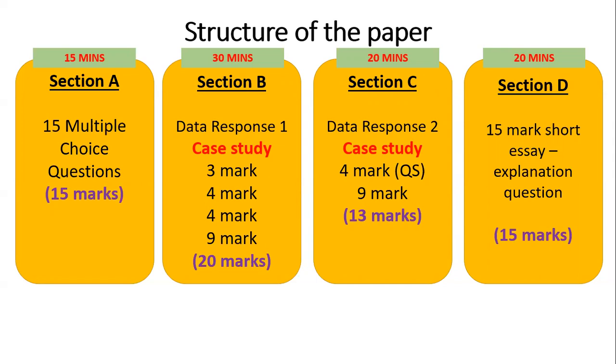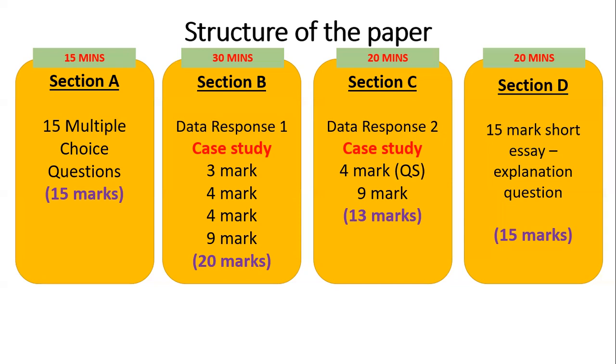So section A is 15 multiple choice questions, and each question carries 1 mark each. Now, all of those questions are taken from a range of the specifications. So for example, when I put together the micro and macro papers, I looked at all the topics that we've taught since September, and I've tried to give you 1 question per each of the headlines or each of the titles.